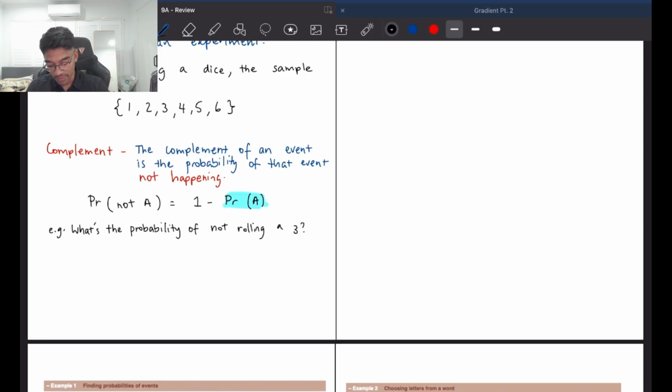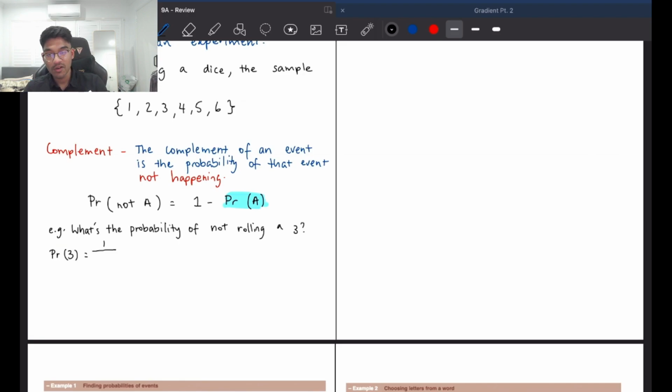So what we'll say is the probability of rolling a 3 is equal to, well, on a dice, how many 3s are there? There's 1. So we go 1 divided by how many options are there on a 6-sided dice? Well, we can get 1, 2, 3, 4, 5, or 6. So there's 6 options.